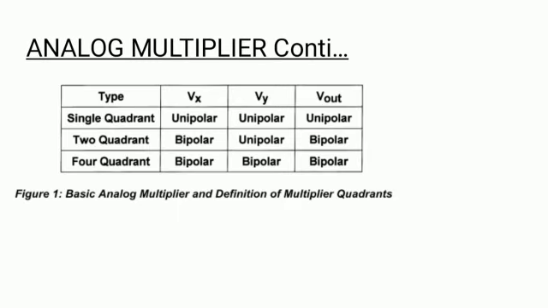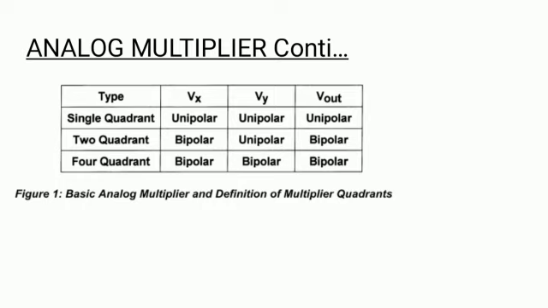Depending on the polarity of the input signals, analog multipliers are classified. Single quadrant multipliers accept only a single polarity: both input signals are unipolar, and therefore the output is also unipolar.